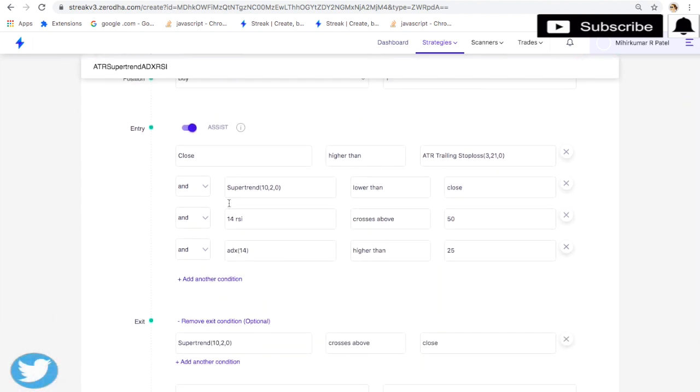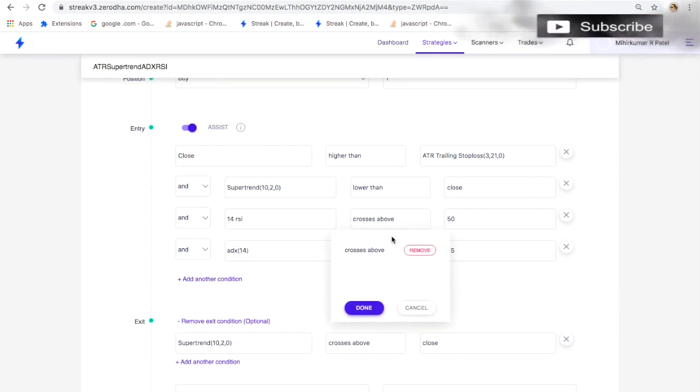So what is our entry point? Mainly when RSI 14 crosses above 50, that is your trigger point. Whenever this happens, it checks for these three conditions, because I am using crosses above. If you use higher than, then the trigger happens when all conditions are satisfied.